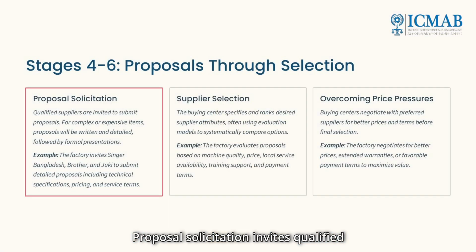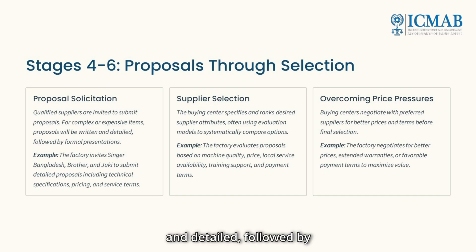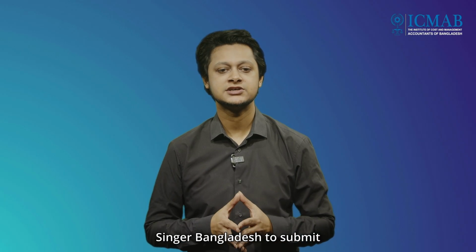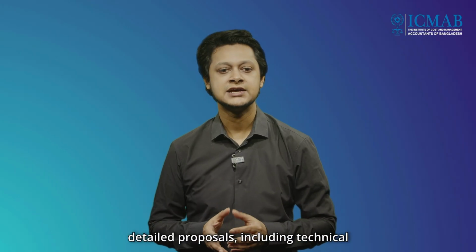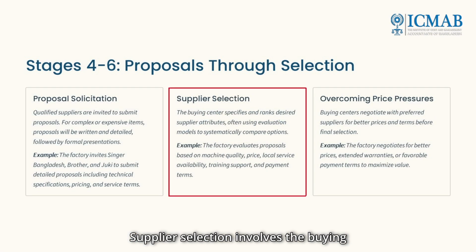Proposal solicitation invites qualified suppliers to submit proposals. For complex or expensive items, proposals will be written and detailed, followed by formal presentations. The factory would invite suppliers like Singer Bangladesh to submit detailed proposals including technical specifications, pricing, and service terms. Supplier selection involves the buying center specifying and ranking desired supplier attributes, often using evaluation models.